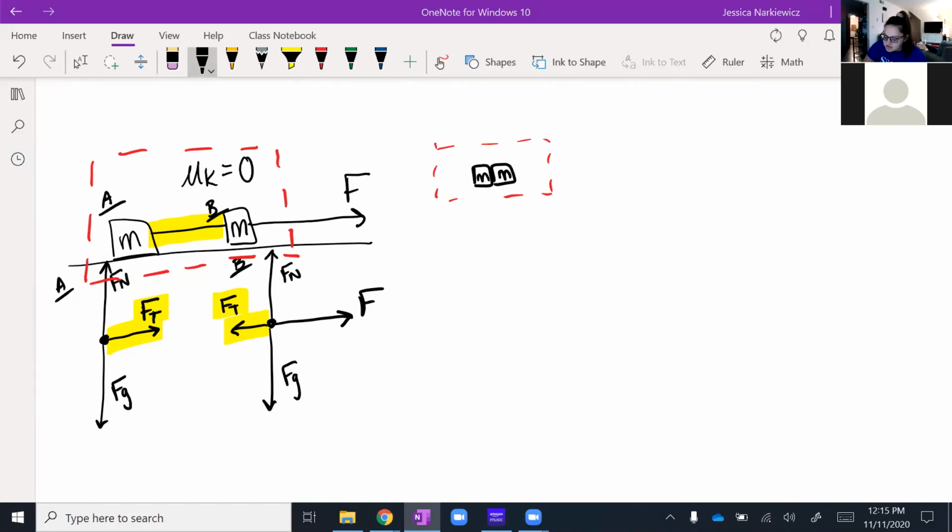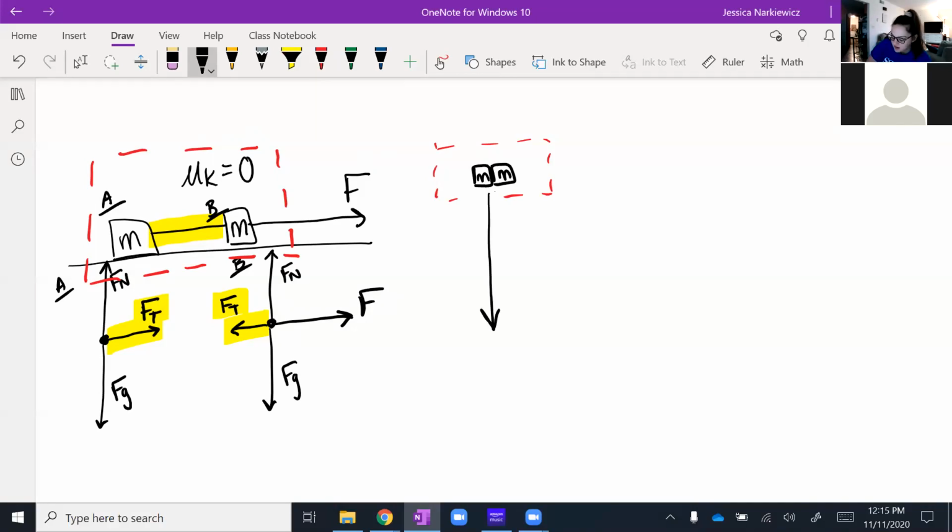Okay. So here, A and B, I was defining my systems as the individual boxes, which is why I include tension. Now, when I have my big system as boxes A and B together, tension is now considered internal to the system. So those tension forces don't need to be included on this free body diagram.